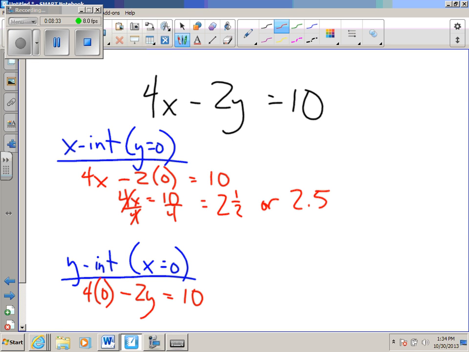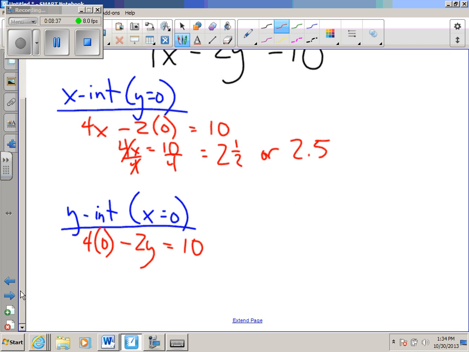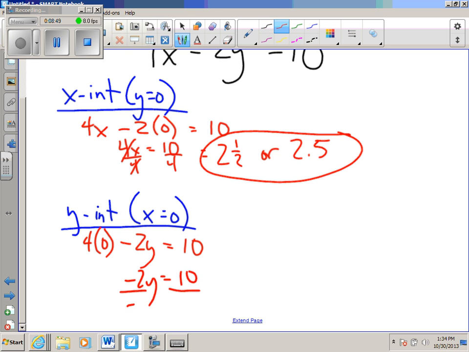Okay. Then here, did you get that, Marlia? Okay. So this was okay with you? Okay. So then here, a negative 2y, hopefully we caught that. Divide both by the negative 2. Y equals, good. Okay, very good.